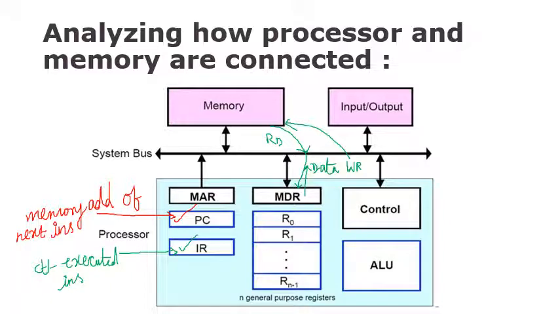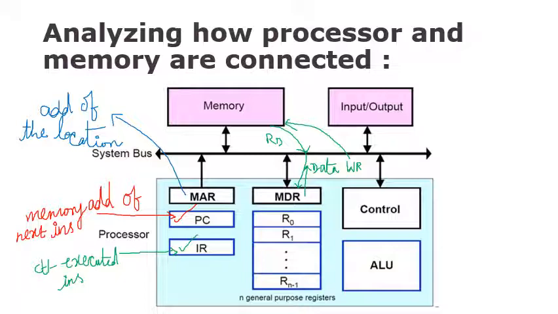So next is MAR. MAR is nothing but the memory address register. It holds the address of the location that is to be accessed, right? It holds the address of the location from where the processor has to access the data, right?